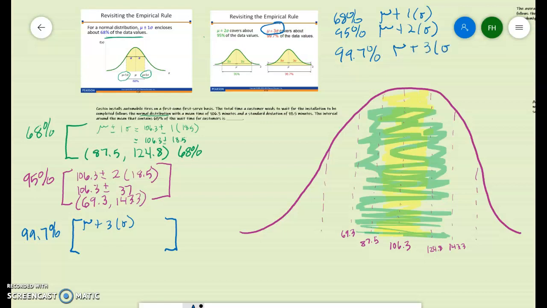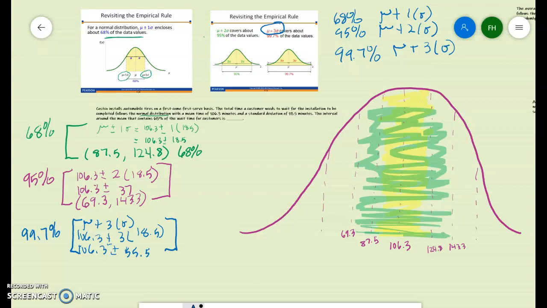So that is the empirical rule. That's what you need to know, that you can use that. So 106.3 plus and minus 3 times 18.5. So that would be 106.3 plus and minus 55.5, I believe.